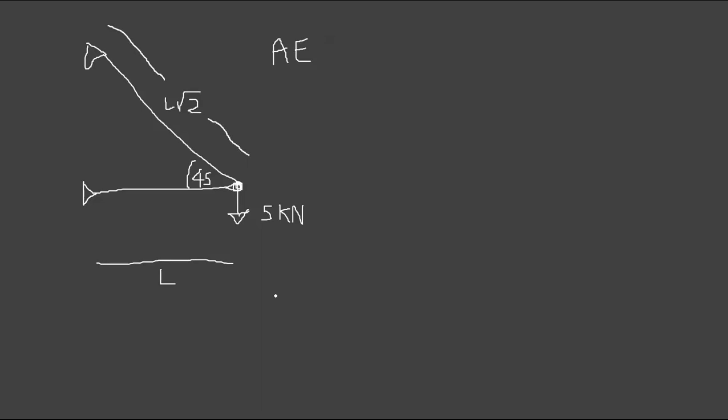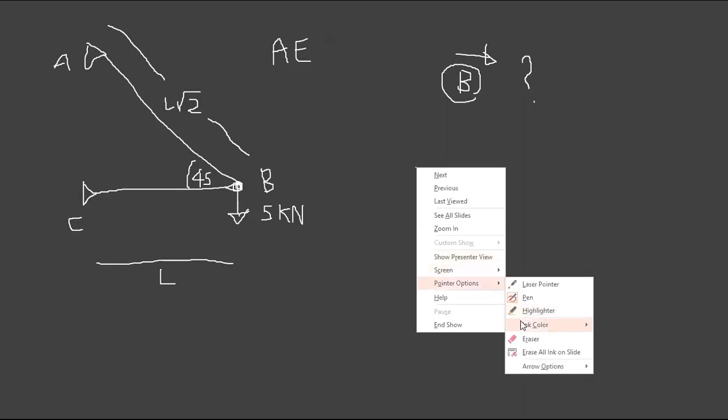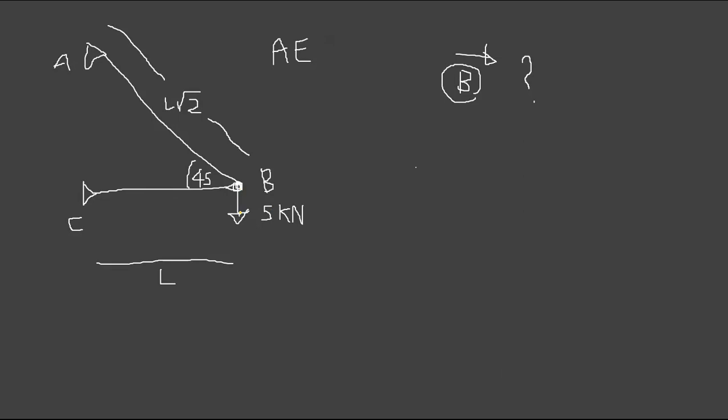Call this A, B, and C. I need the horizontal displacement at B. Probably if you just think how this truss is going to behave, you are pushing it this way. So you want to push this member down, right?